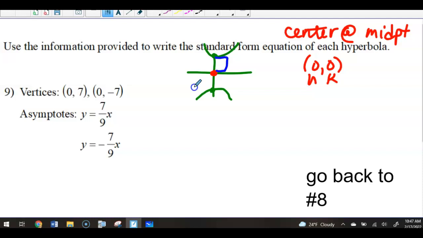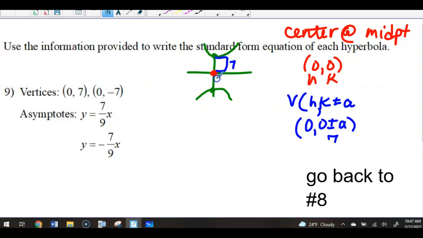So on the reference sheet, when it opens up and down, it says the vertices are at h, comma, k plus or minus a. So if you have the center at 0, 0, the vertices are at 0, 7 and 0, -7, there's your hint that a is 7, okay?